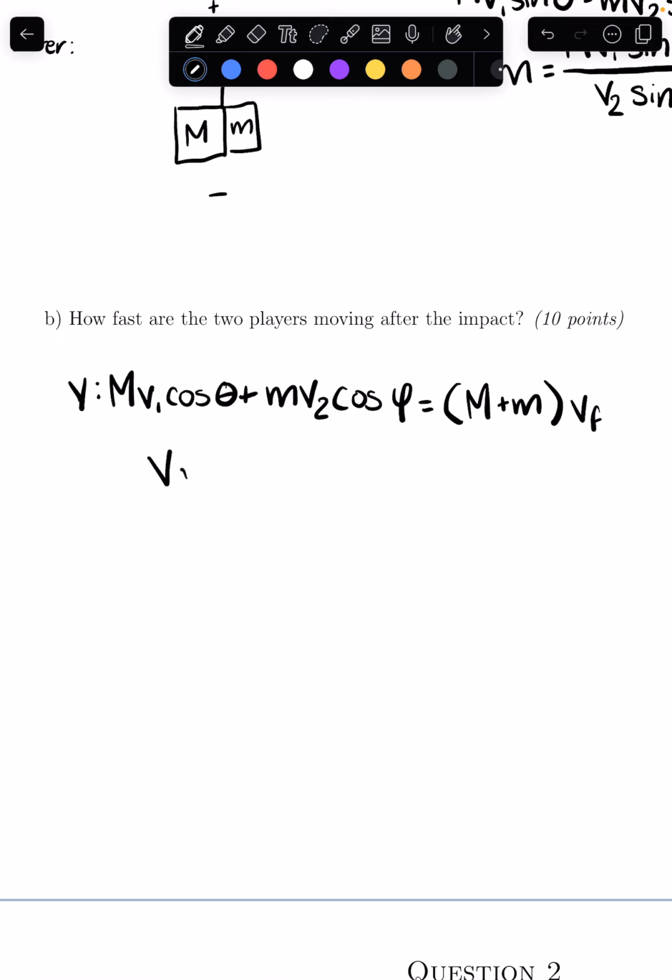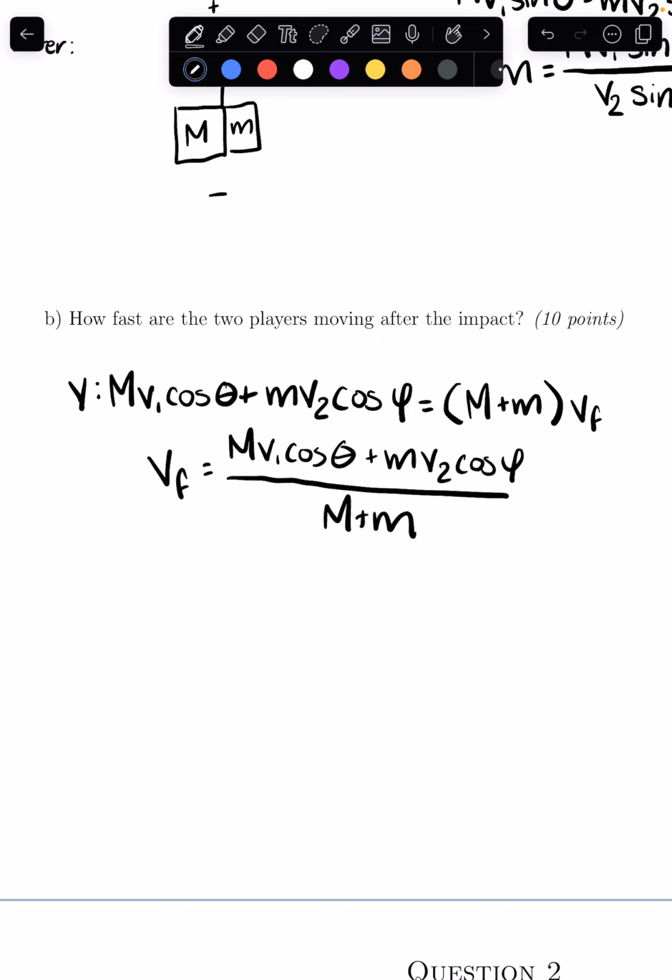So we're going to get that the v final is equal to this long expression all over the sum of the two masses. And once you plug all your values in here, you should get this.